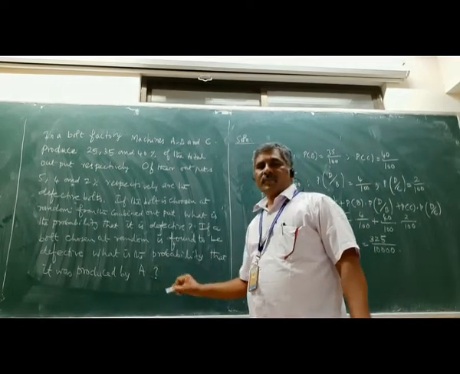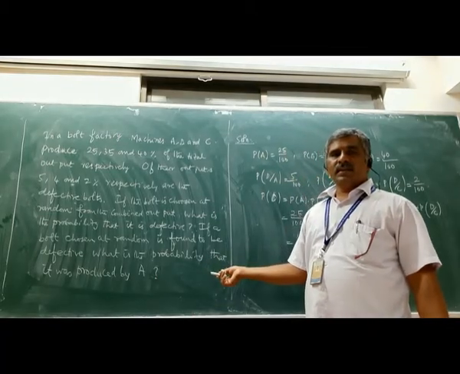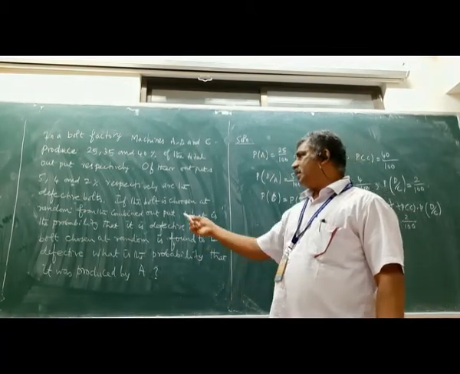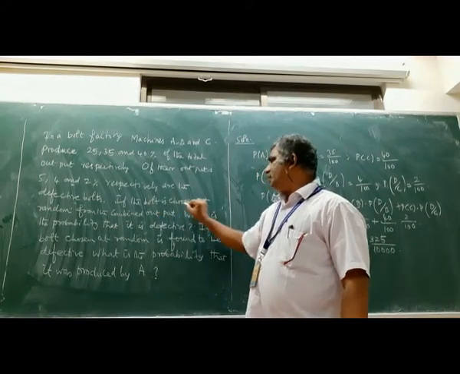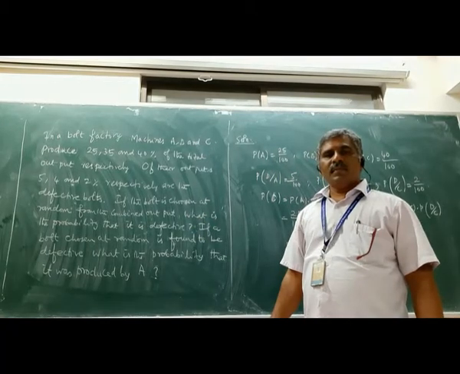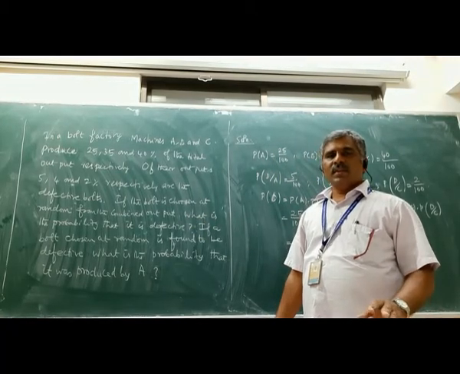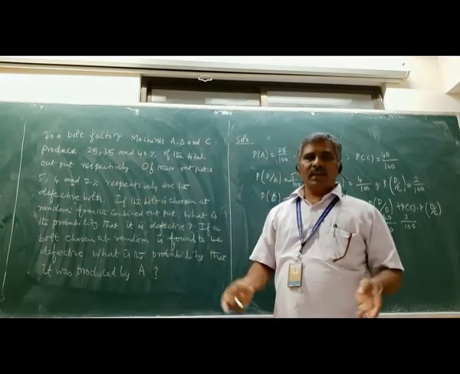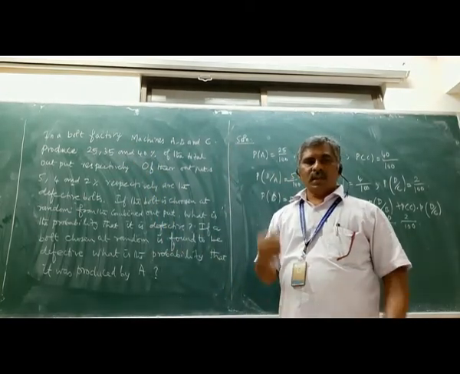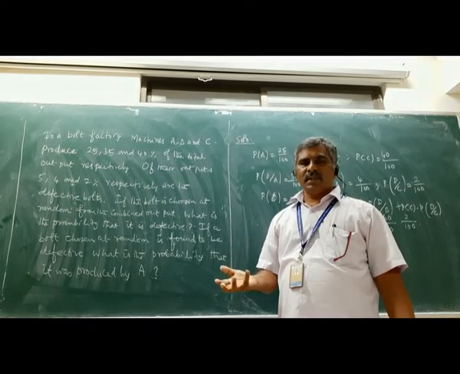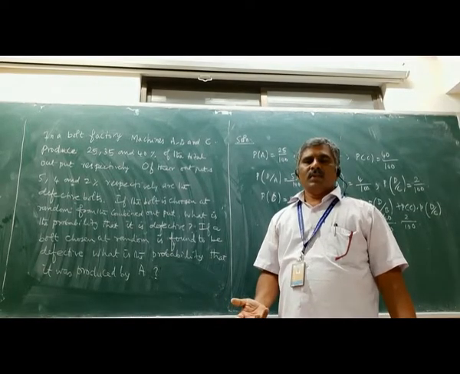Okay, here you can see that there are 2 questions. In the first question, a bolt is chosen at random from the combined output. What is called the combined output? Combined output means I combine the parts from the output of the 3 machines and choose one bolt from them. Then what is the probability that it is defective?